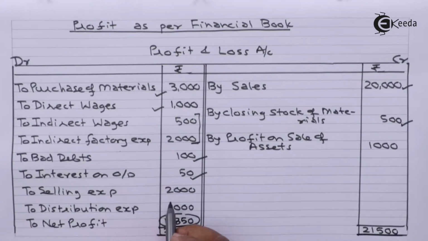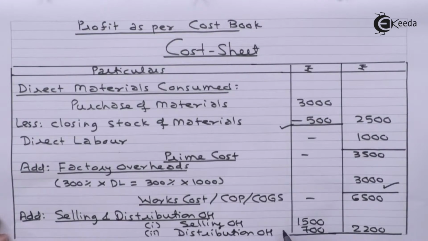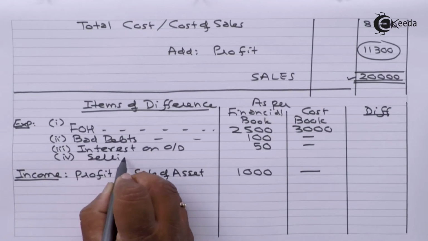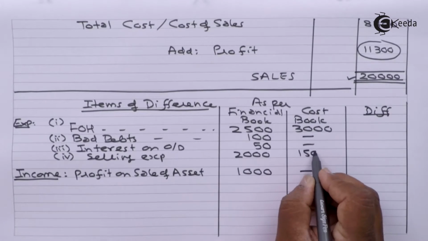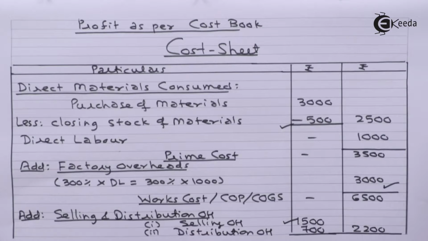Selling expense as per financial book 2000. As per cost sheet, selling expenses 1500. As per financial book, distribution expense 1000. As per cost book, distribution overheads are 700.